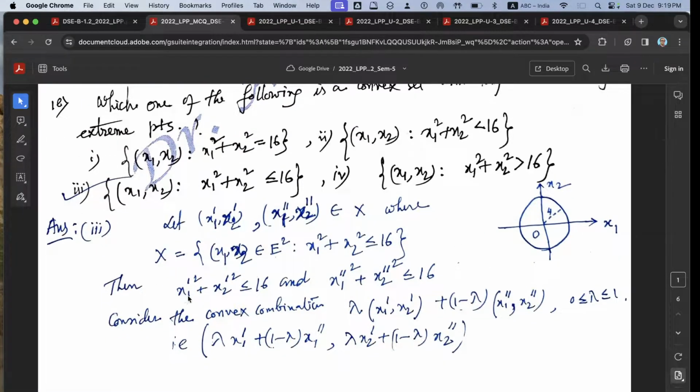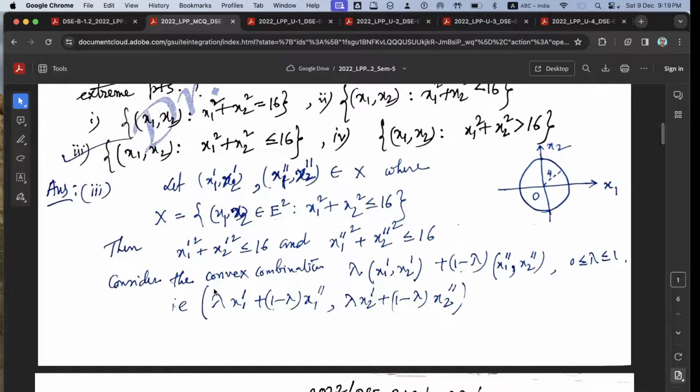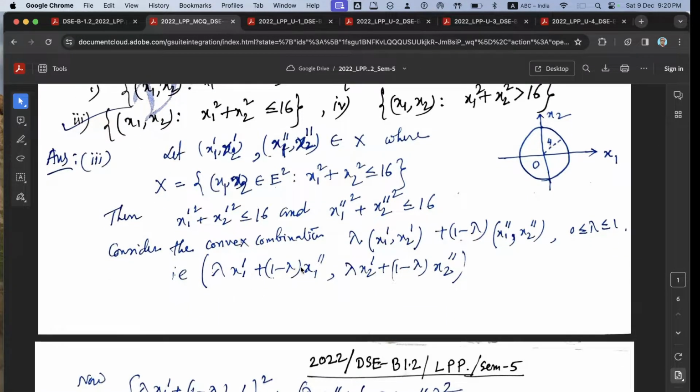Now obviously for any points (x1', x2') and (x1'', x2'') in the set, x1' square plus x2' square is less than or equal to 16, and x1'' square plus x2'' square is less than or equal to 16. The convex combination is lambda times this point plus 1 minus lambda times the other point, adding first components and second components, where 0 less than or equal to lambda less than or equal to 1.